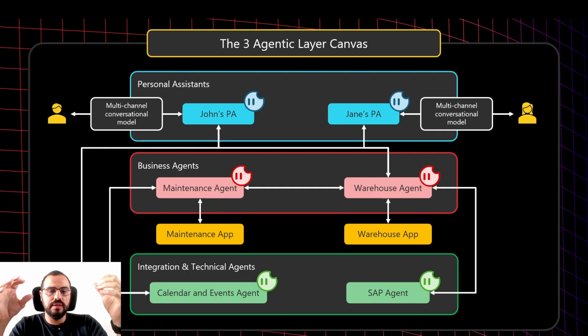So for each one of these domains, we would have an agent that could perform actions with the app, call specific data, perform actions, and they can be triggered by any other agent. This means that both a business agent or a personal assistant can ask something from another business agent.